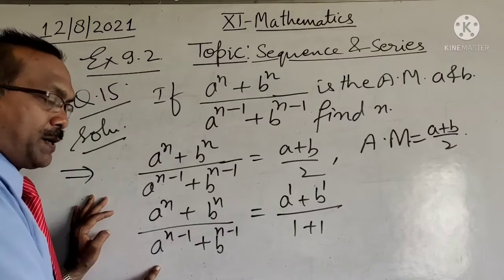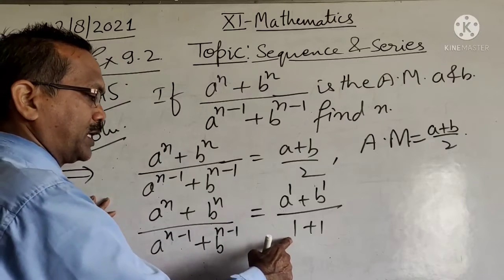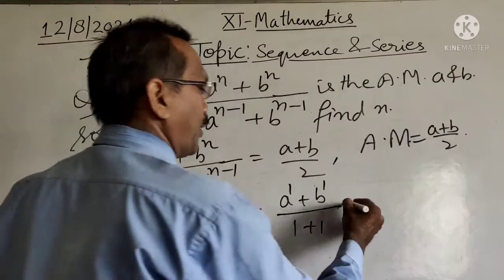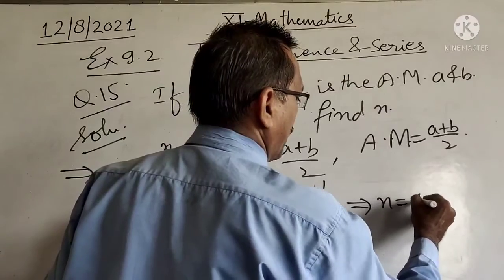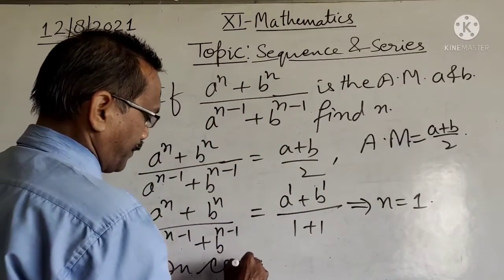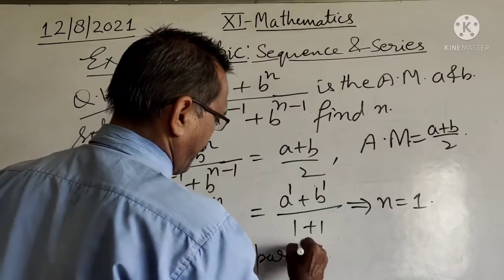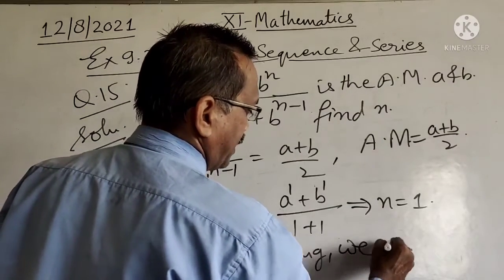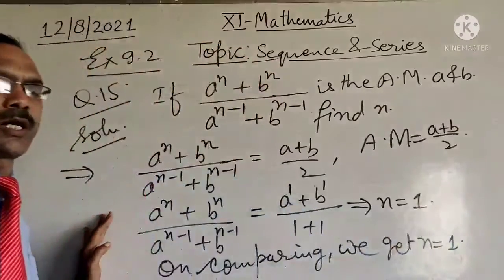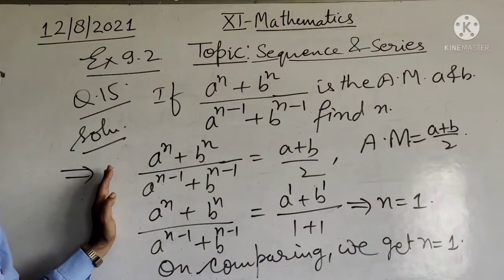A power 0 is 1, b power 0 is 1, therefore it is 1 plus 1. On comparing, we get n equal to 1. So there is a short trick to find the value of n.